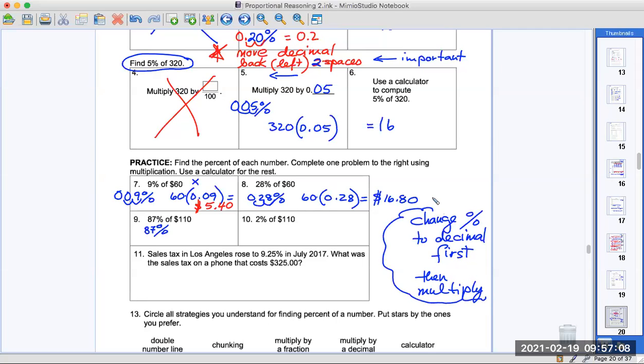We learn something for the first time or are not so used to it. We need to get good at it. We need reminders. 87% is, put a 0, move twice, 0.87 times 110. I have $95.70.